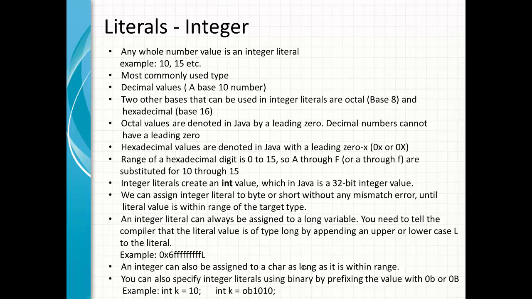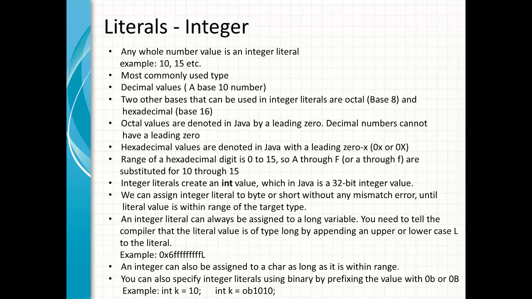The only thing we need to do is, if we know that our value is a long value, whenever we want to tell the compiler that this is a long type literal, we always have to append it with either a lowercase l or an uppercase L. For example, over here you will see that it starts with 0x, which tells us right away that it's a hexadecimal number, and then 6, and then F, F, F, F, and then at the end, you see L, which means that this is a hexadecimal number assigned to a long variable.